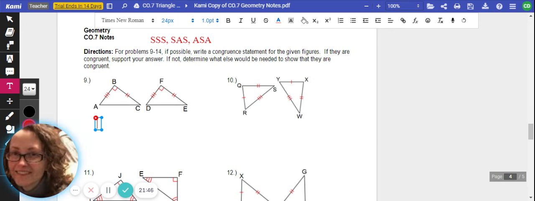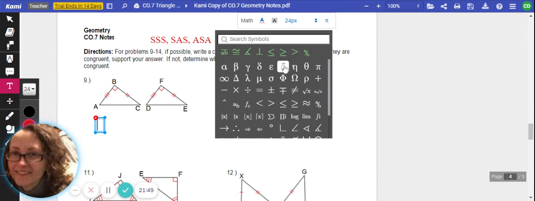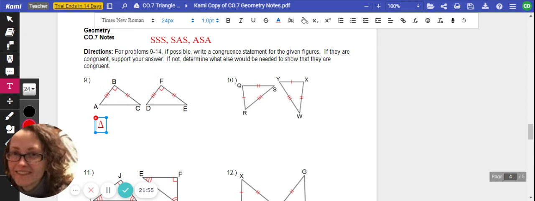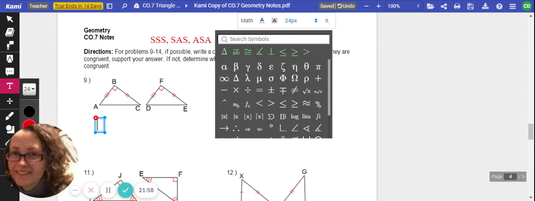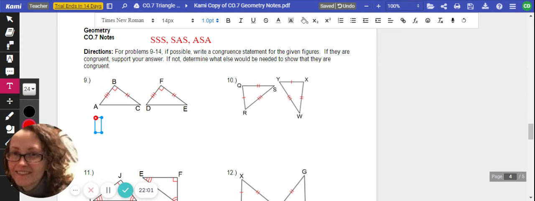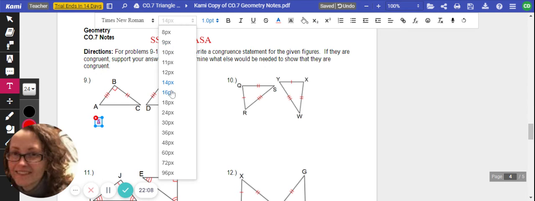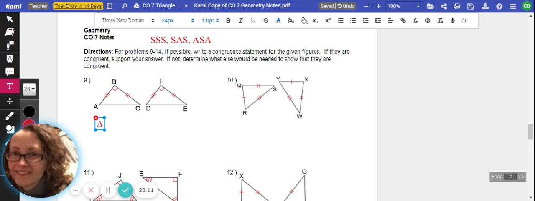So I can say triangle ABC is congruent to, I want to start with the side with three because that's where I started over here, DFE.